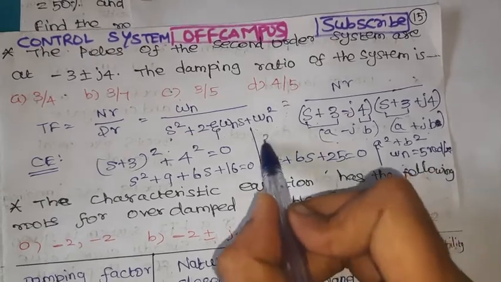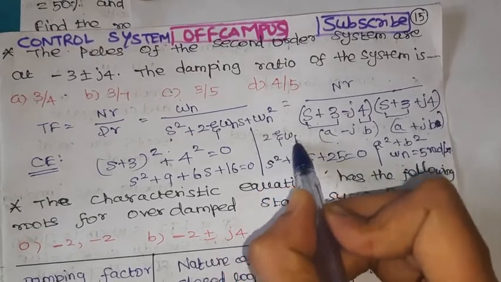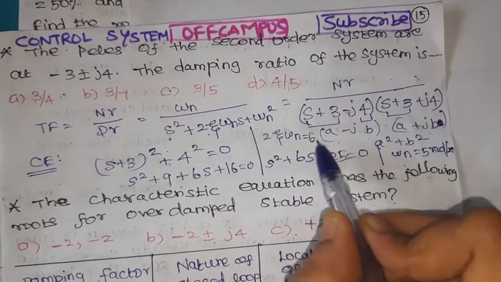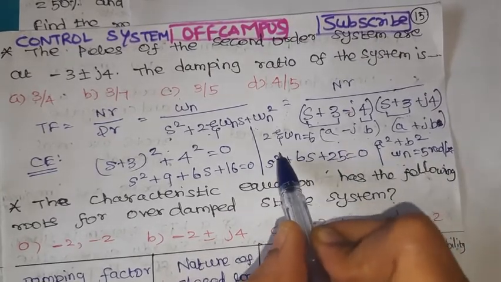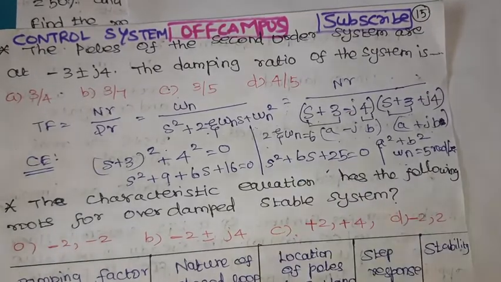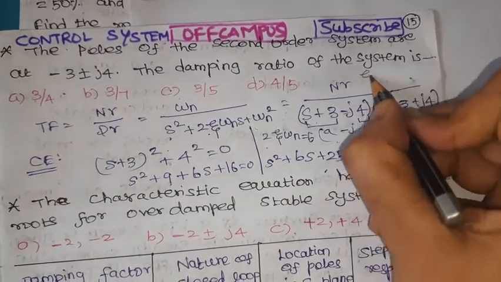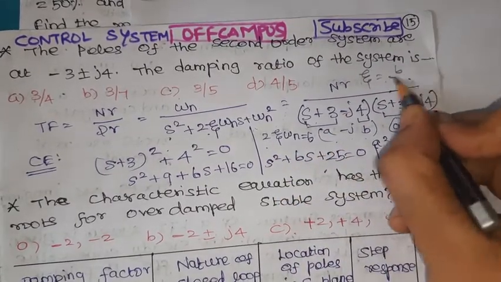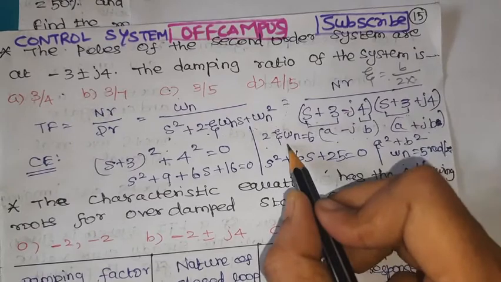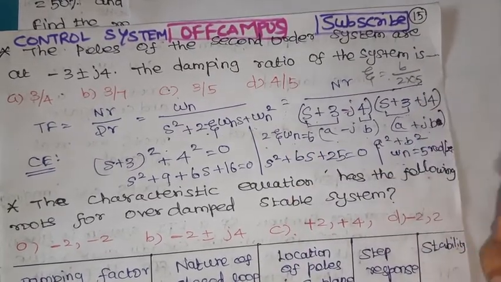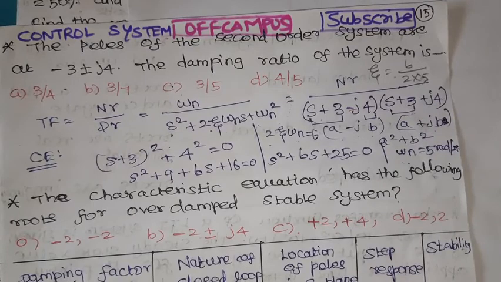Similarly, 2 zeta omega n is equal to the s term, 6. So, zeta is equal to 6 divided by 2 into omega n. Omega n is nothing but 5. So, 6 by 10.